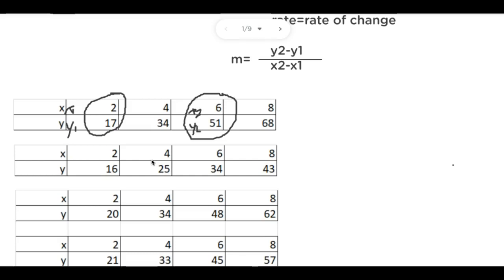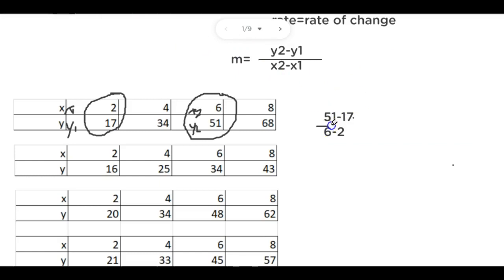Now you're going to take it and put it into the slope formula. What does that look like? Well, it's y2 minus y1 over x2 minus x1. So I'll do 51 minus 17 over 6 minus 2. For the sake of time, I'll just draw the line with a pencil.